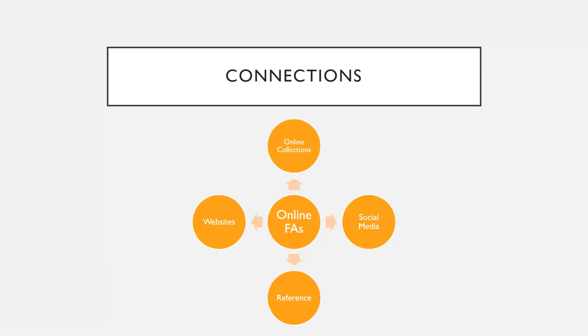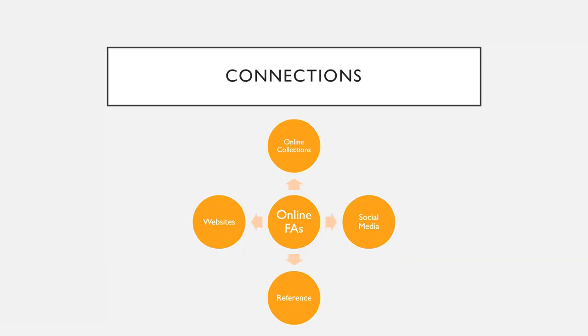That way people know where to go when they want to access them. Some people may just have a direct link to an online finding aid, and that's great. But if they're just coming into your website looking for online finding aids, you want to have as clear a path to your online finding aids as possible.